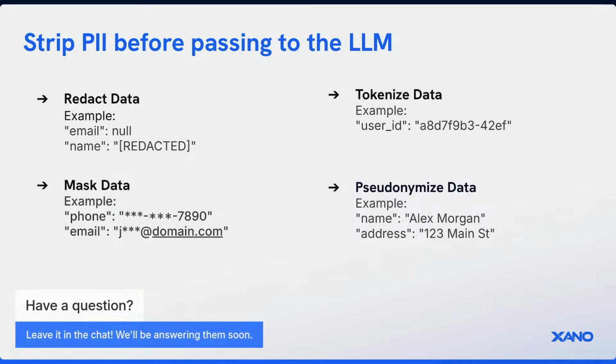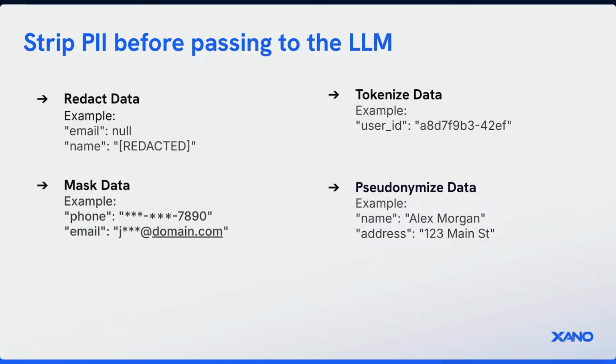That means you could link it back in a secure system, but it means nothing on its own. And then we can use pseudonyms or aliases to replace sensitive info with realistic or fictional data that mimics the structure and format of real values without revealing personal details.